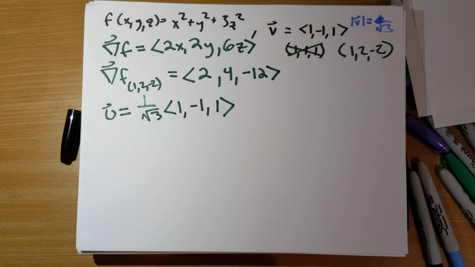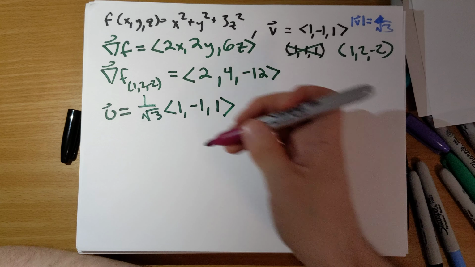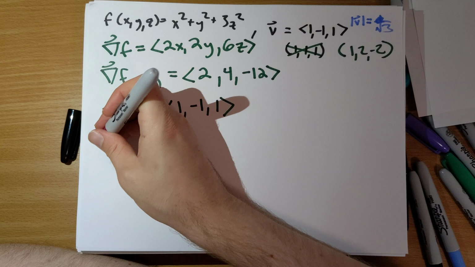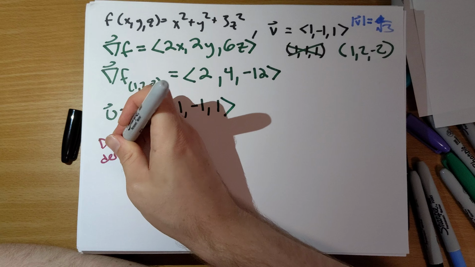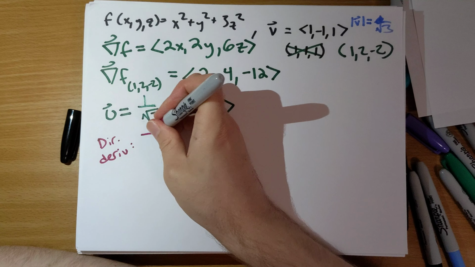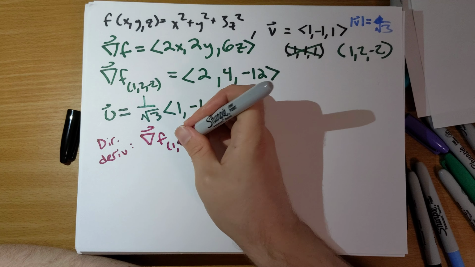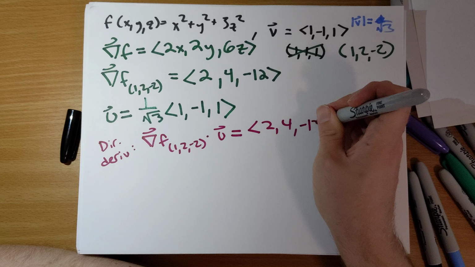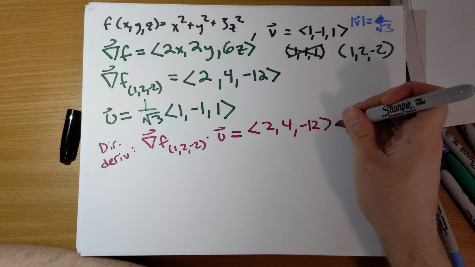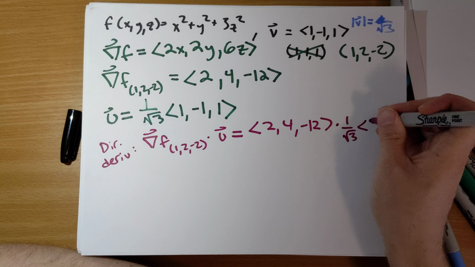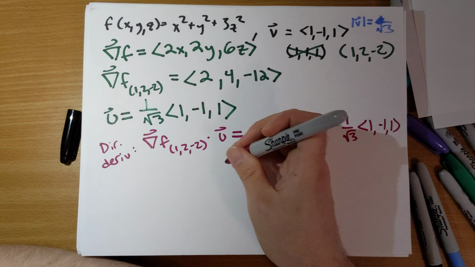So all of this allows us to write down our final answer. The directional derivative here is gradient f evaluated at the point, dot product u. So 2, 4, negative 12, dot product with 1 over square root 3 times 1, negative 1, 1.